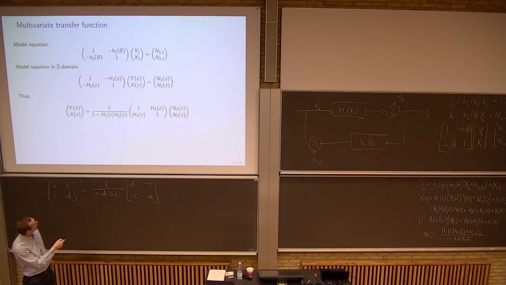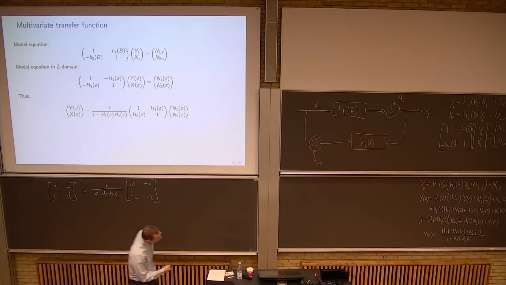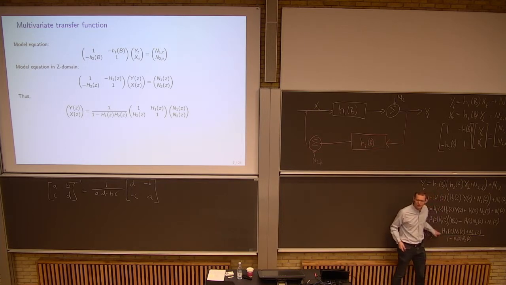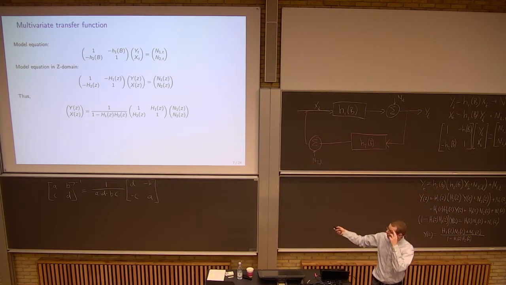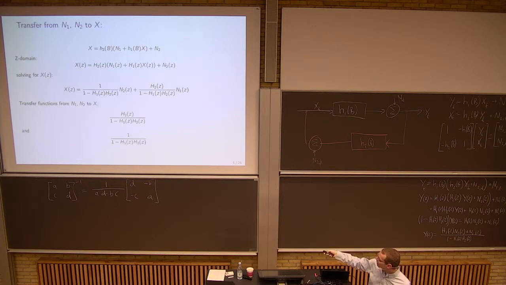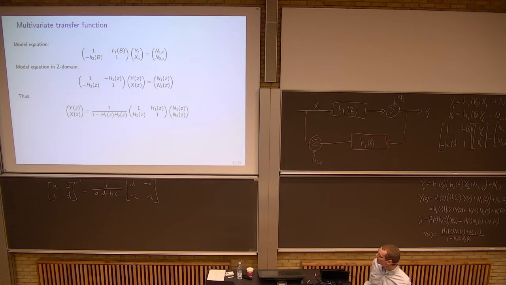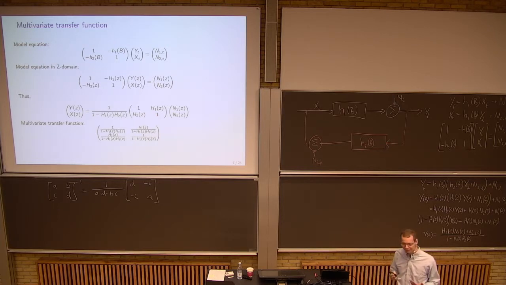And if you multiply in here, then you have n1 plus h1 n2. That's exactly what we have down here. And you can see that that is exactly what happened on the previous slide. Here you have h2 and here I have a 1. Here I have 1 and an h1 for the corresponding. So that is exactly what you get out of this matrix. So that's where it comes from.